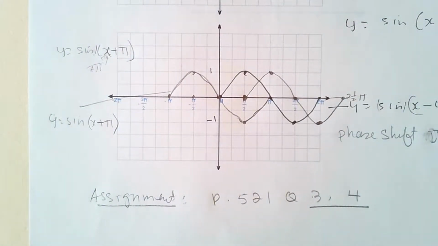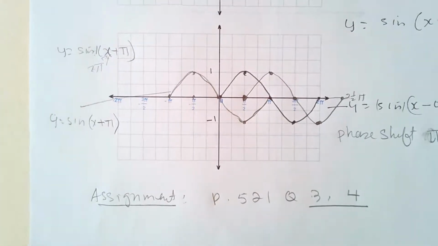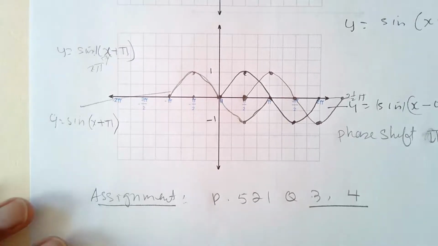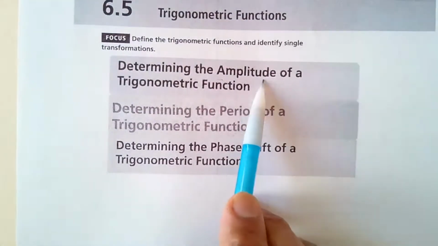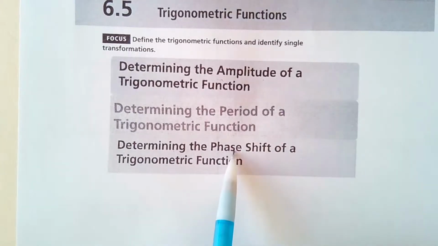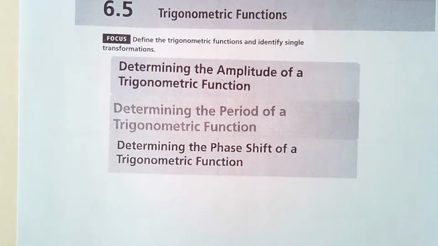In the next lesson, I'll go over some of the questions and look at transformations of the sinusoidal function, extending it to horizontal and vertical shifts. Today we looked at the amplitude, the period, and the phase shift. The next lesson we'll look at vertical shift, which is the final part.